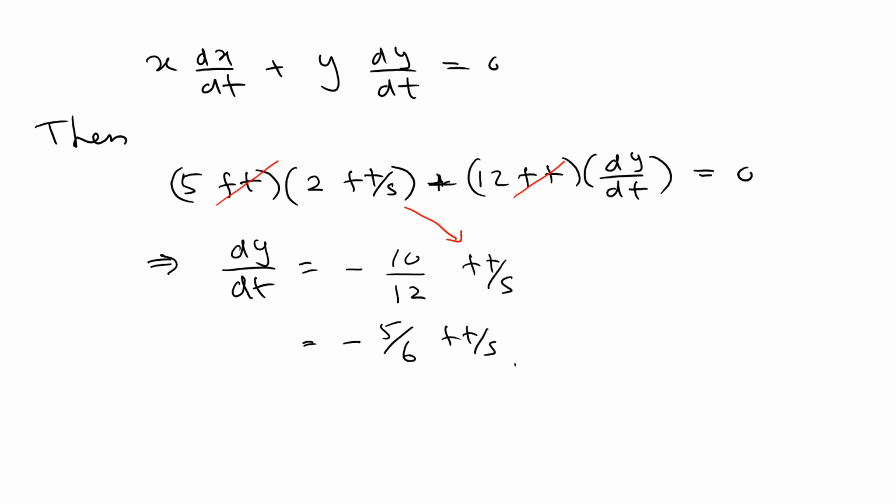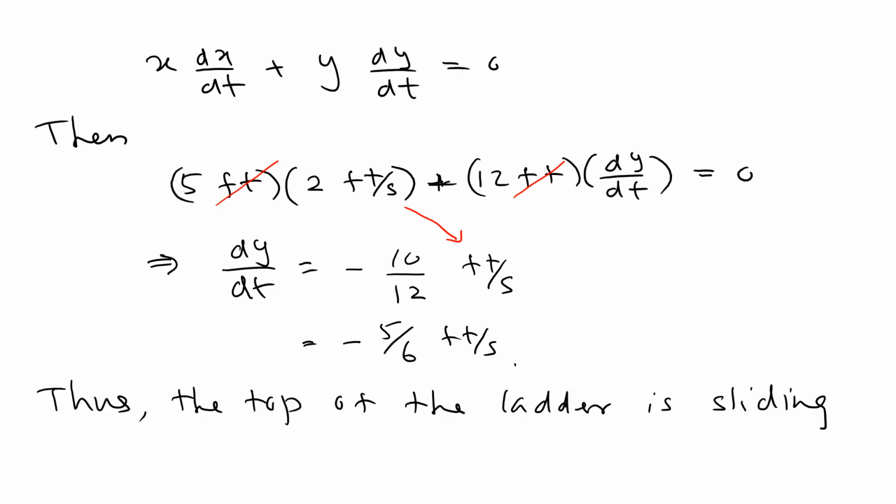And what we normally do is write this in words as a final line. So you can say, thus, the top of the ladder is sliding down. Why do we say sliding down? See the negative sign. The negative sign means dy over dt decreases with time. So it's very clear. Mathematically, it should be going down because there's a negative sign here.